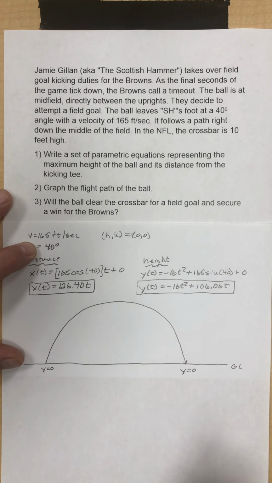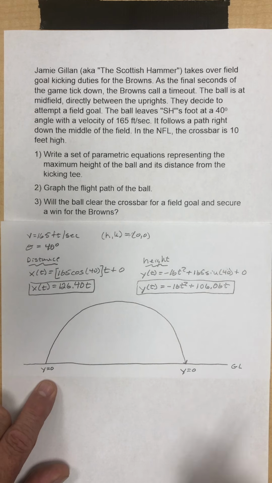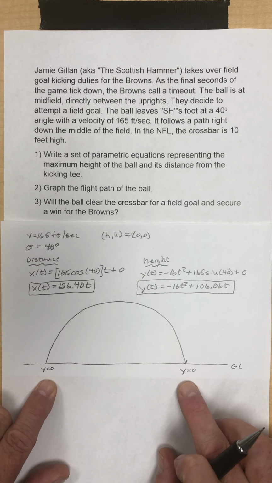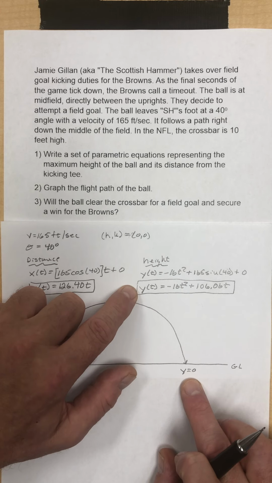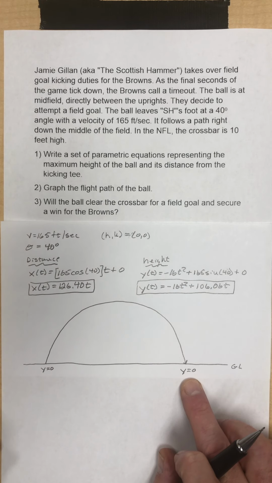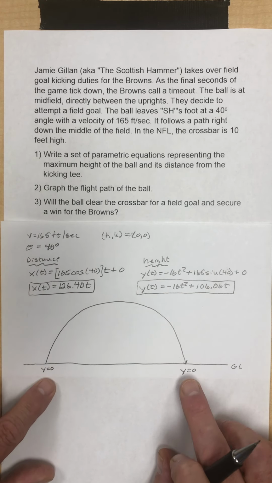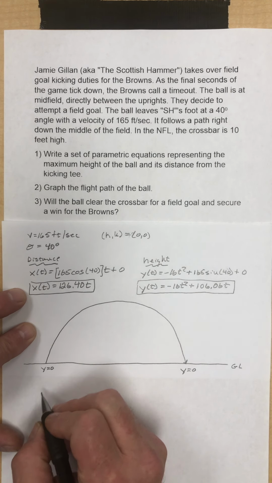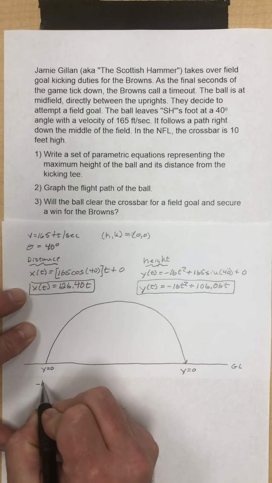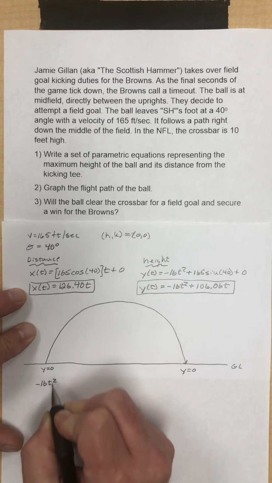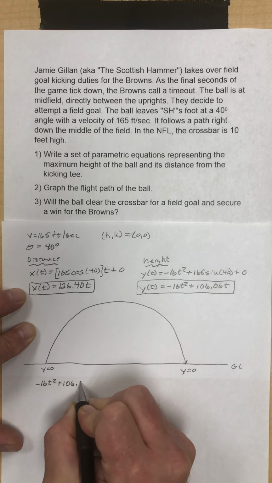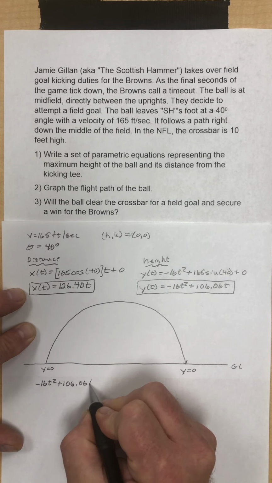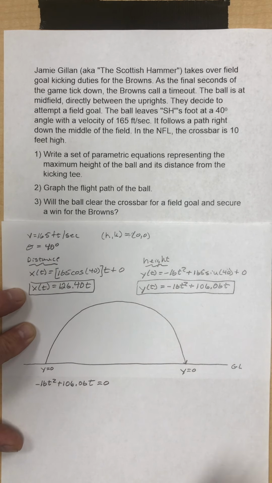So let's see what's happening at y equals 0 and y equals 0. Obviously the height is 0. So I've got to set my y of t equal to 0 and solve that to get my times here. So negative 16t squared plus 106.06 t equals 0.